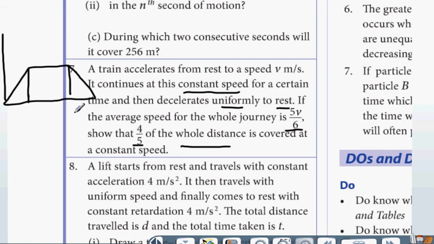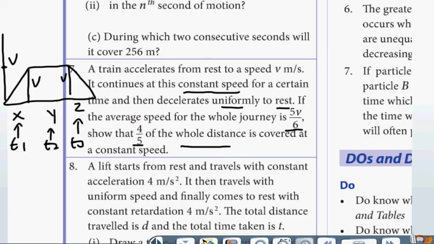We usually use T1, T2, and T3, but in this question they're just going to use X, Y, and Z. So I'm just going to remind you that X, Y, and Z are the times. X is T1, Y is T2, and Z is T3. Everybody happy with that? Okay, and we're going to call our maximum velocity V. We always call it V.